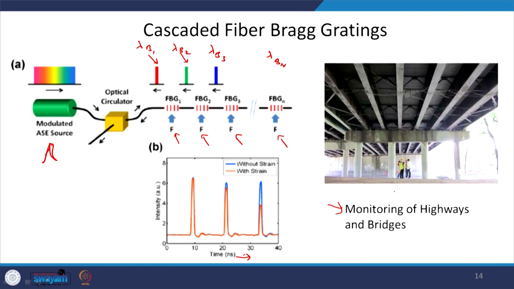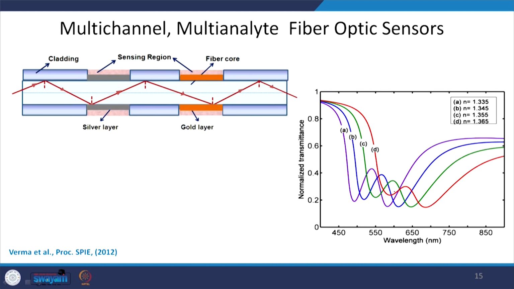It means that you have multiple channels of sensing, and you can also use it for multiple parameters, be it temperature or pressure. At multiple segments of the optical fiber, you make multiple different sensors, and then it works as a cascaded sensor or multi-channel sensor, or you can use it for multi-analyte sensing also.